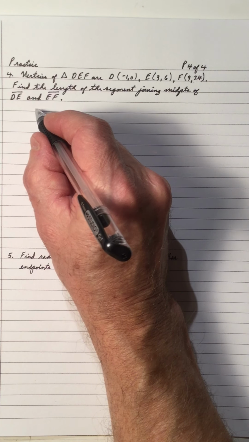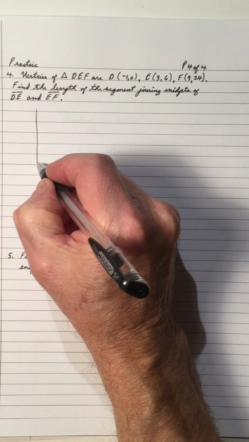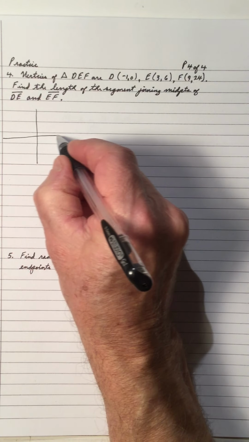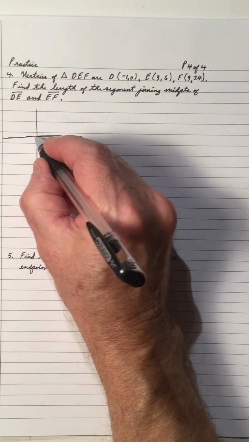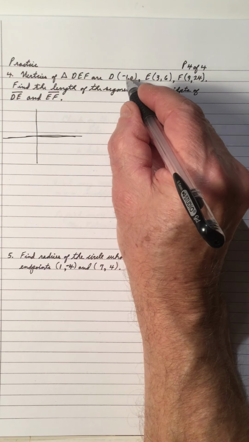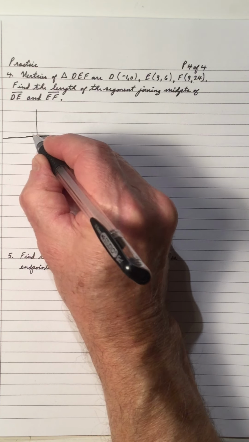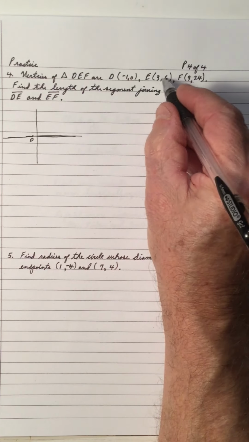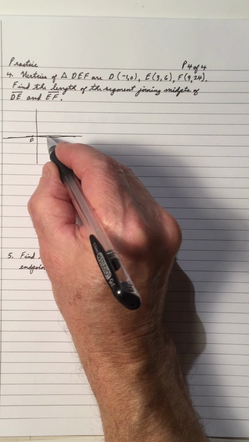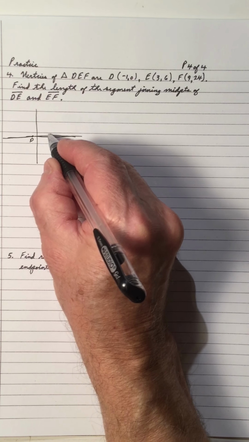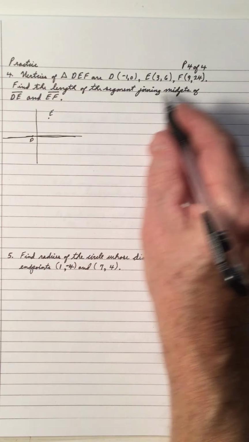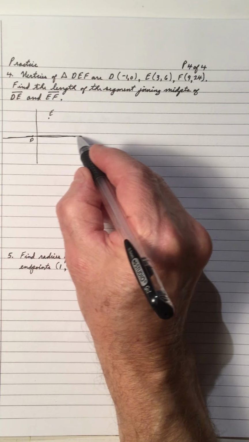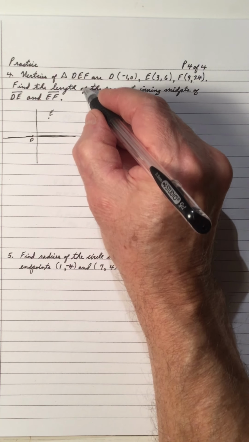So again, just a little quick diagram here. Oh, I gotta keep this straight. So we have x is negative 1, y is 0, so there's D. E is x is 3 and 6, so let's pretend that's E right there. And this one is a 9 and a 24.